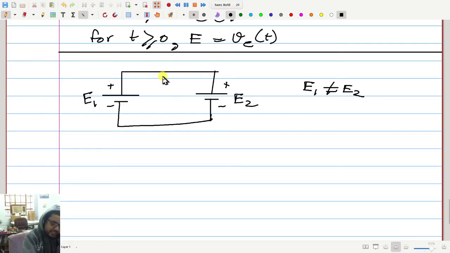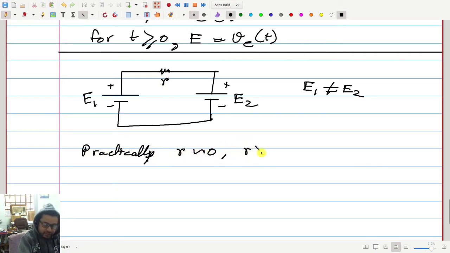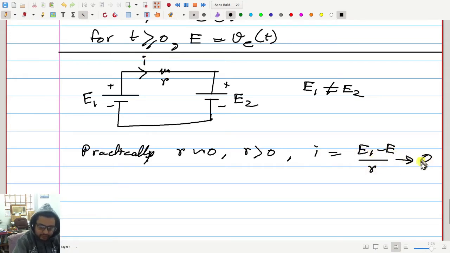Practically, there is always some resistance. So if there is some small resistance R, close to 0 but still greater than 0, then we can say that this current I will be equal to E1 minus E2 divided by R, tending to infinity, very large.